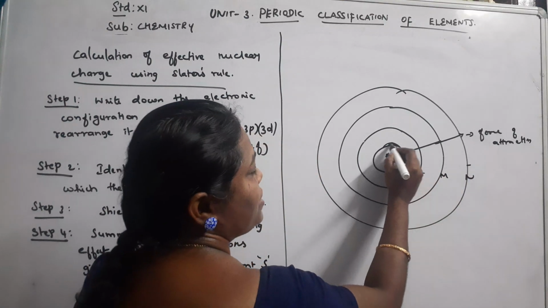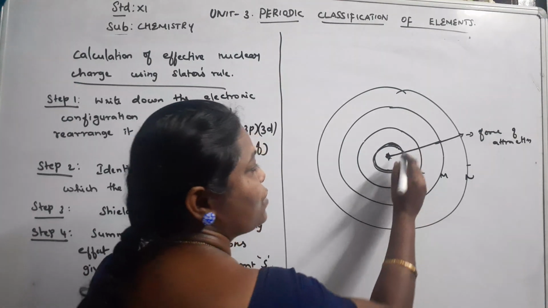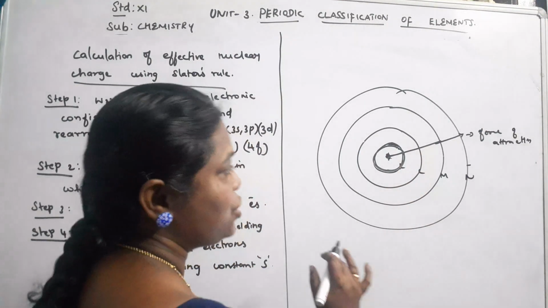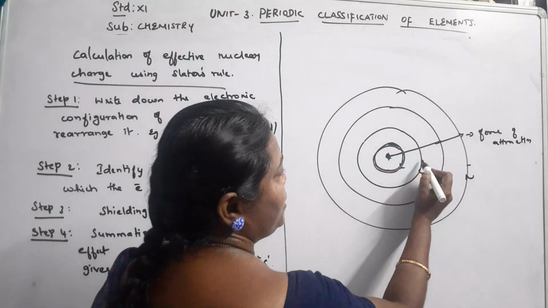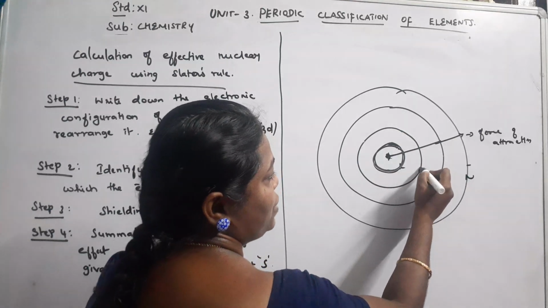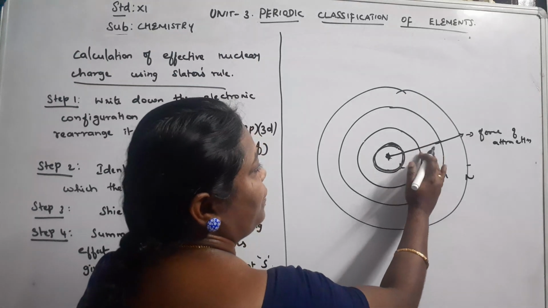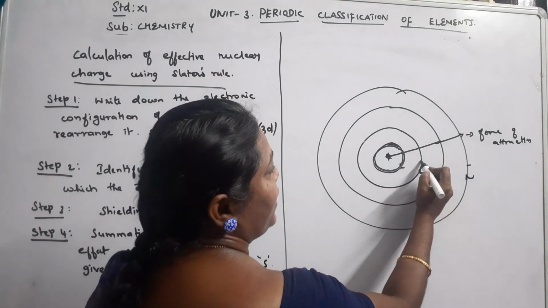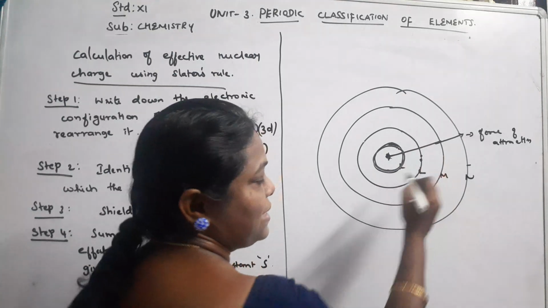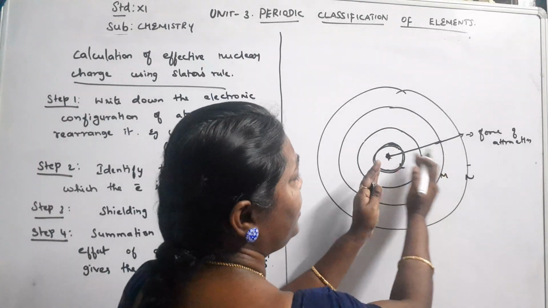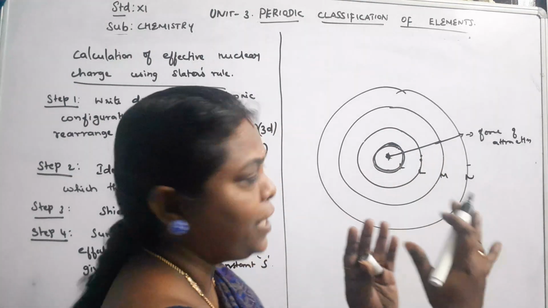The force of attraction is very much greater for the electrons present in the K shell. When we compare with the L shell, the force of attraction gets somewhat reduced.